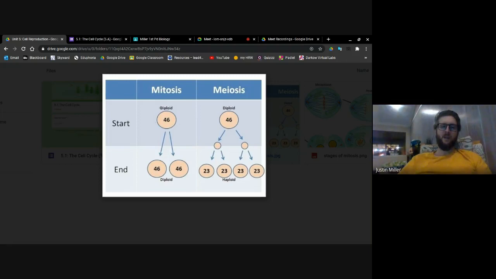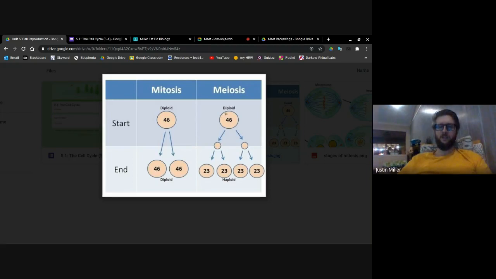And that one cell will split in half, and each new cell that we call daughter cells also has a full set of 46 chromosomes. That's mitosis. That's what we just talked about. That's different from meiosis, which we haven't talked about today, but we will talk about in the future.